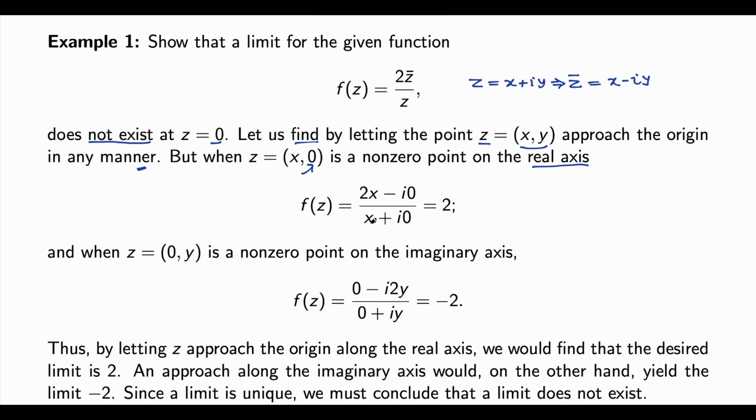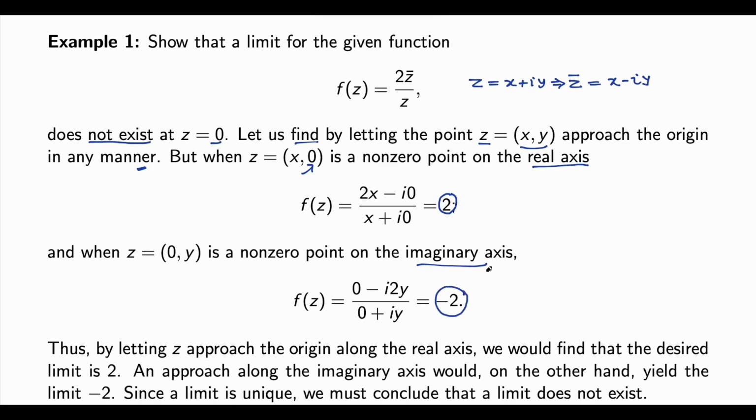So x is going to cancel out, and we are left with only 2. Now when we take the other path, the imaginary axis, (0, y), and plug it in, we receive minus 2.